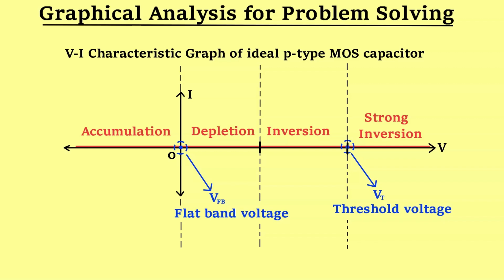A simple characteristic graph is shown representing 4 different regions of MOS capacitor, which are accumulation, depletion, inversion and strong inversion, and the most important voltage parameters, which are flat band voltage and threshold voltage. I will be using this graph in later lectures to make you understand some important points regarding non-ideal MOS capacitor. So keep this plot in your mind.